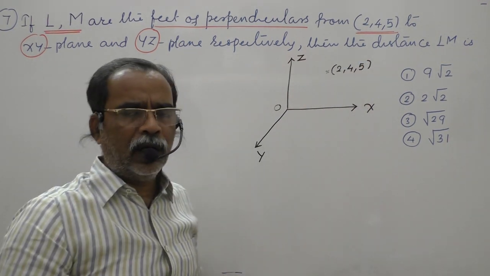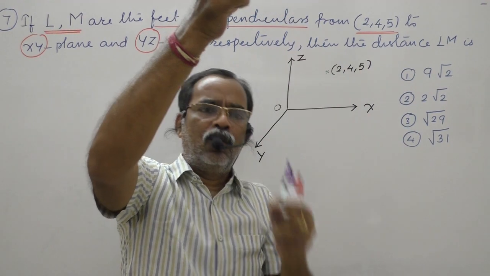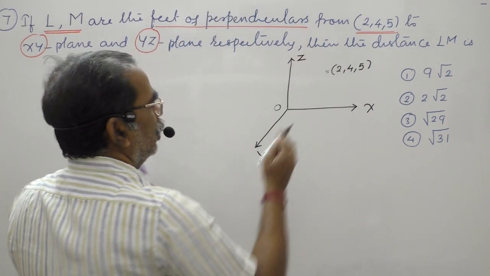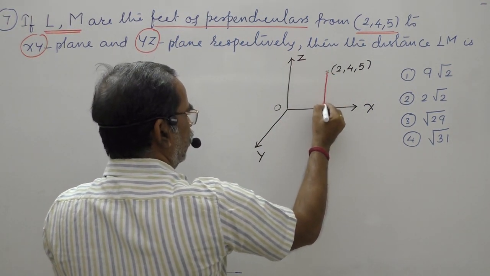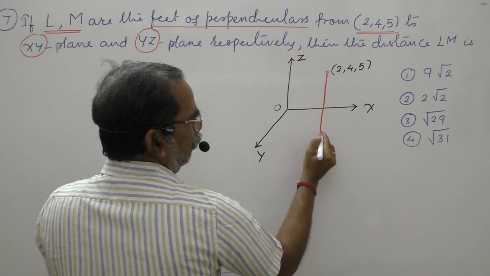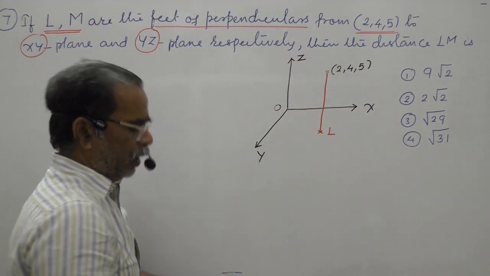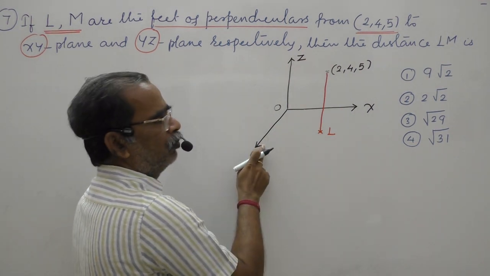Foot of perpendicular means if the point is here, you draw a perpendicular line to that plane. So if I draw a perpendicular from this to the XY plane, this is the foot of perpendicular. Clearly this point will lie in the XY plane.